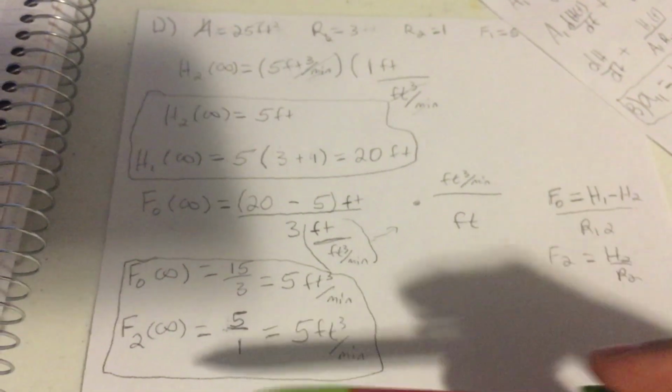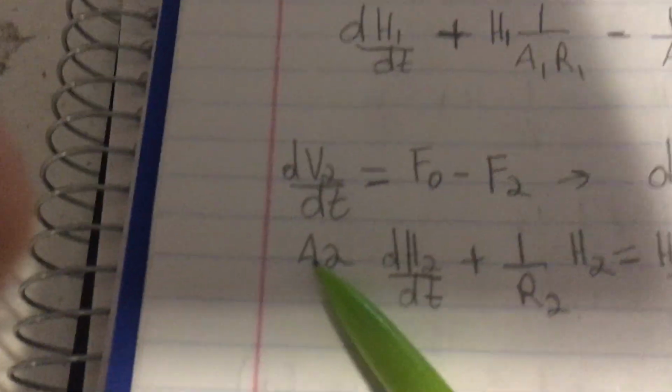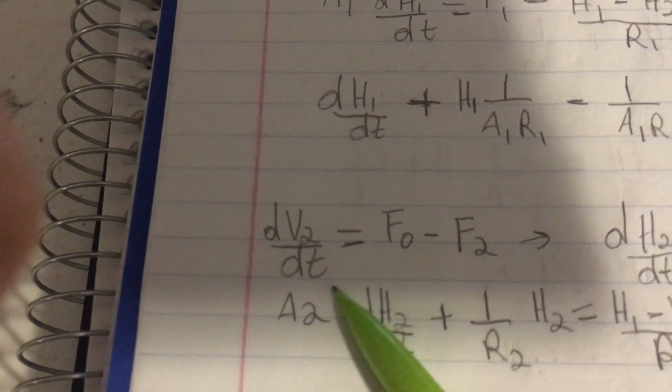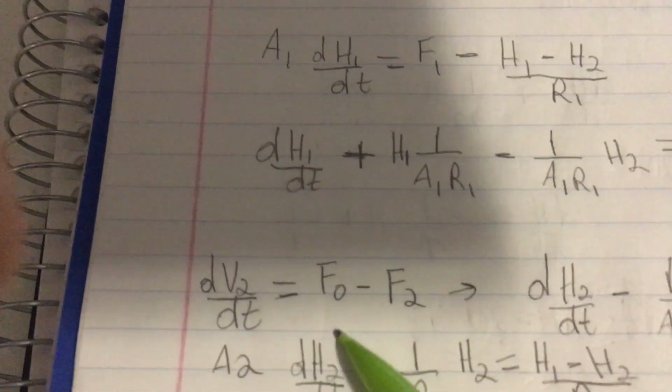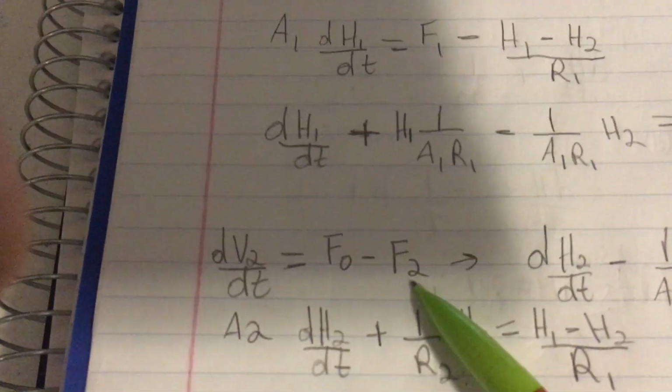Do we want to predict what F2 is going to be? Well, we can look at the same equation. The change in volume of tank 2 over the change in time is equal to FO, which is technically the flow in for tank 2, minus F2, which is the flow out for tank 2.